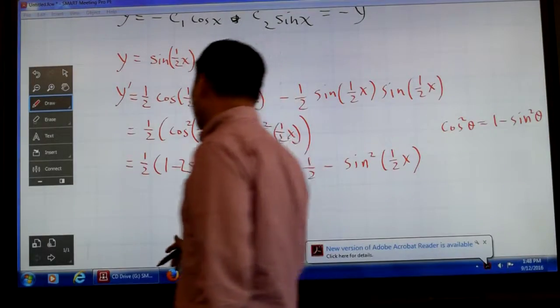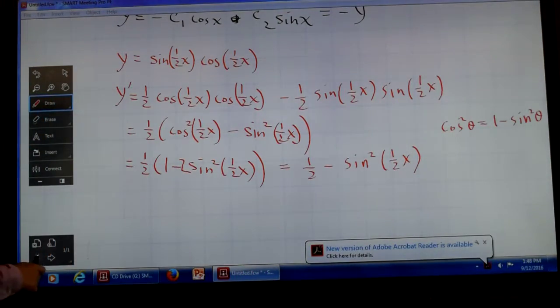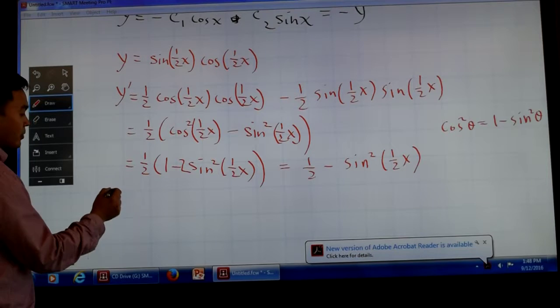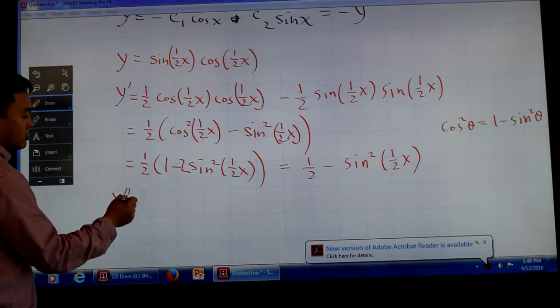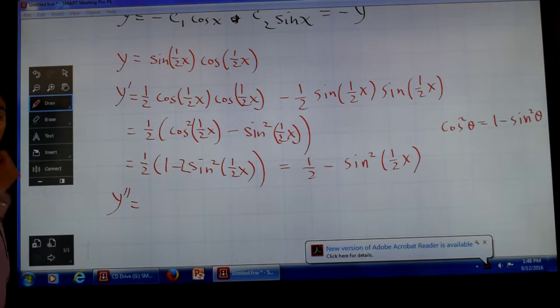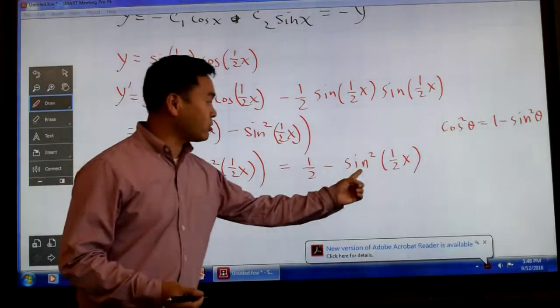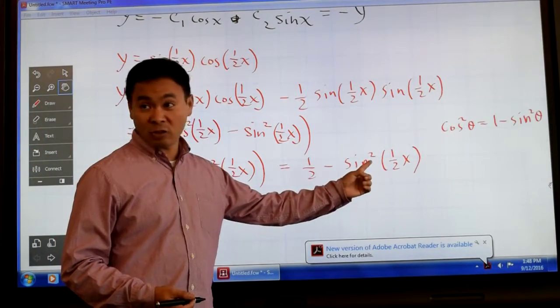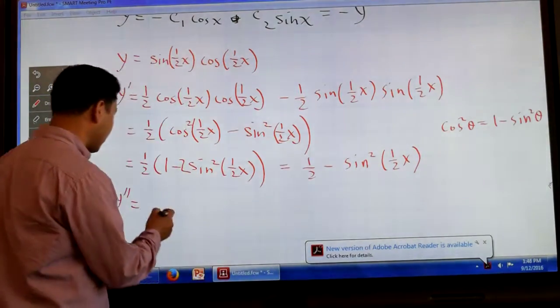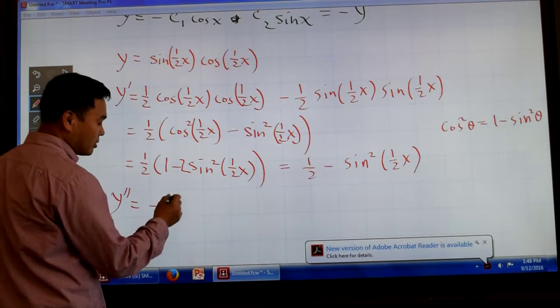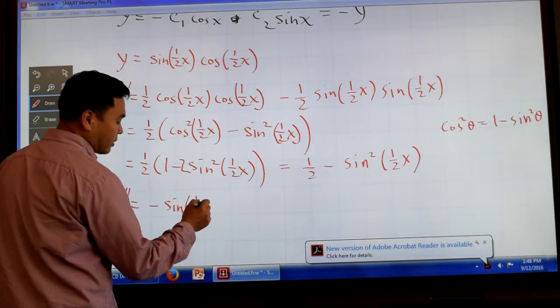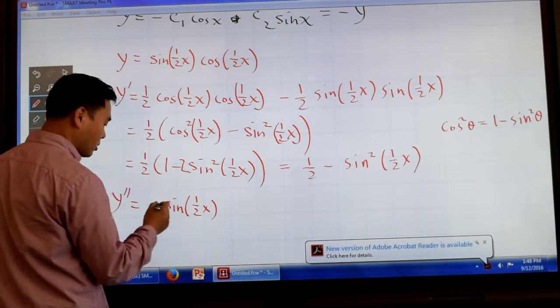Now let's differentiate one more time, and you will see that it's indeed the same as negative of y. Okay. All right. So differentiate one more time. 1/2 differentiates to what? What does this differentiate to? 0. Okay. How do you differentiate this one? Chain rule, right? 2 comes forward, so you have negative sine 1/2 x. Sorry, 2 comes forward.